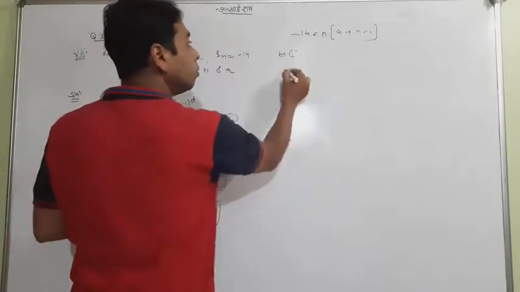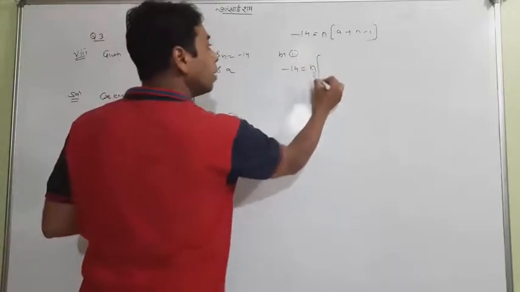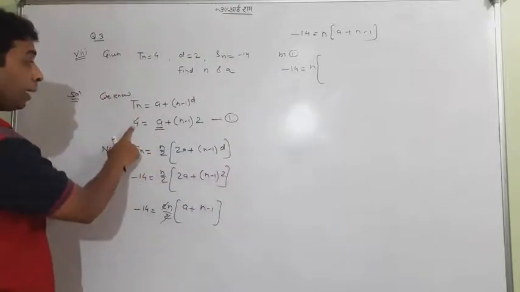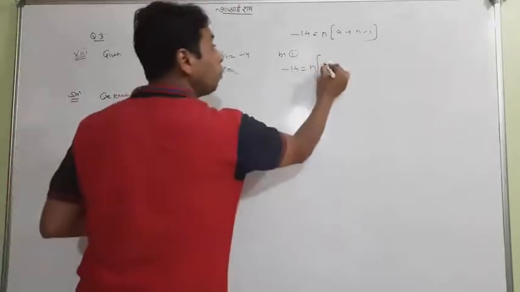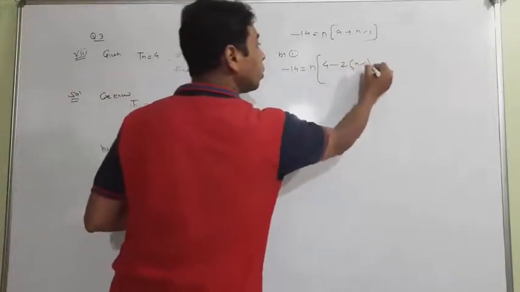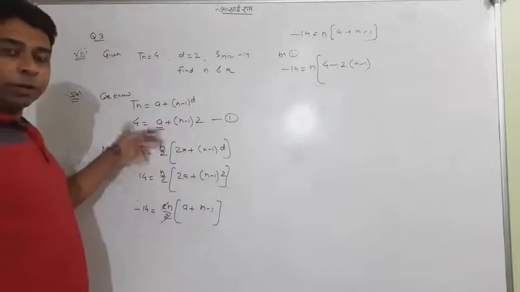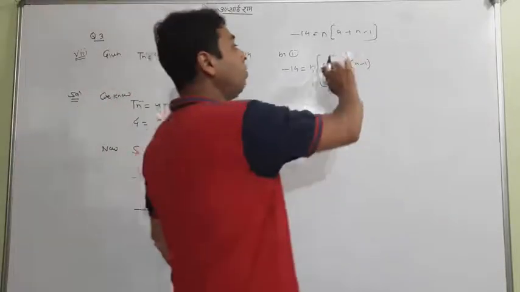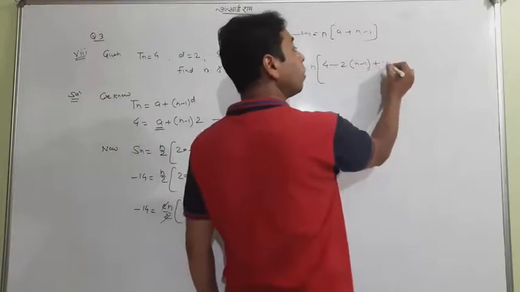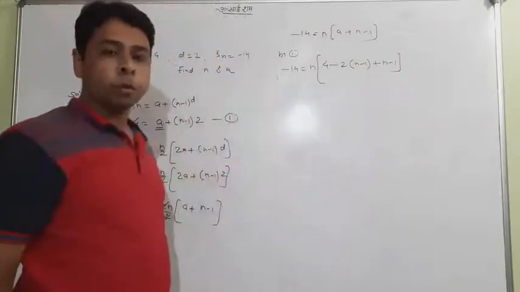Now students, put the value of a from here and put it right there. Look, this is n. Take the value of a from here. What is the value of a? 4 minus (n minus 1) times 2. This is the value of a I obtained from the first equation. Now I am putting the value of a here, and plus n minus 1 is copied. Hope you got it.